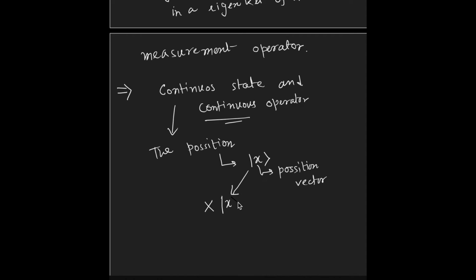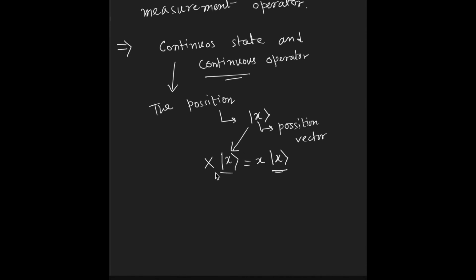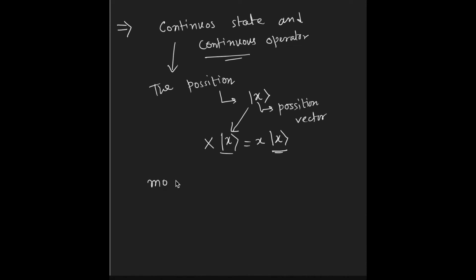If it acts on this position ket, it will give the position and the state will remain the same. Another example is the momentum operator p, and the eigenkets corresponding to this operator are |p>.